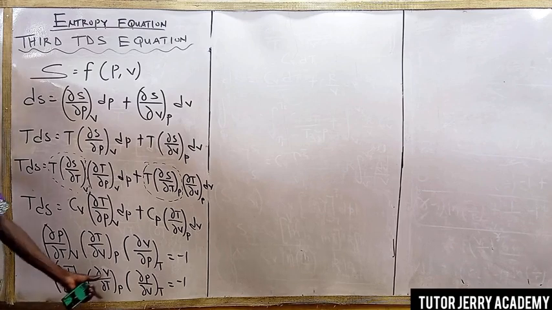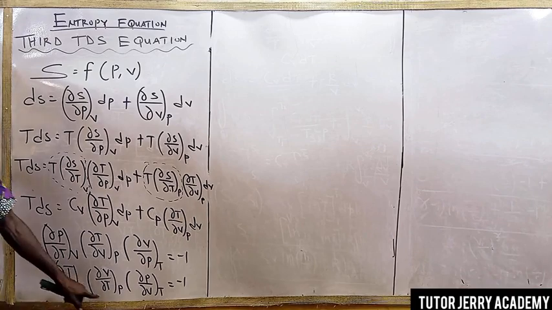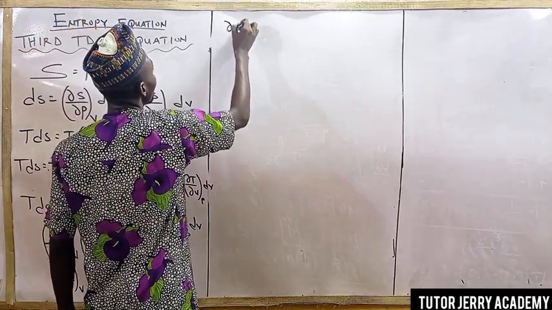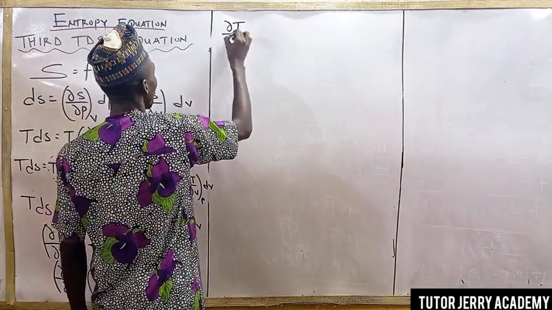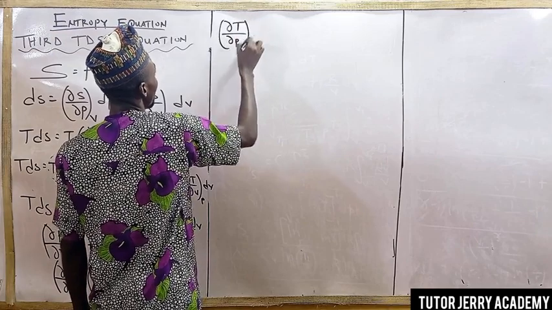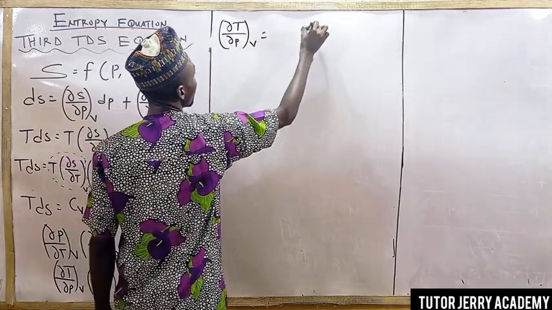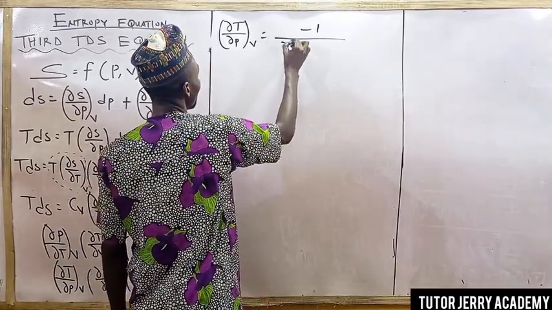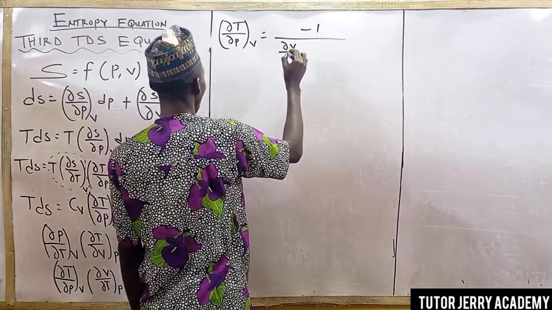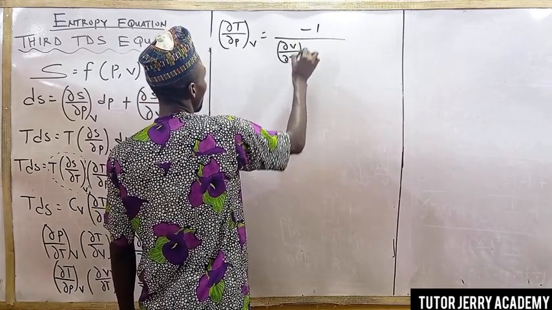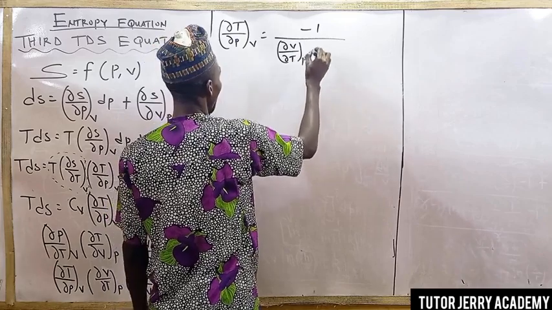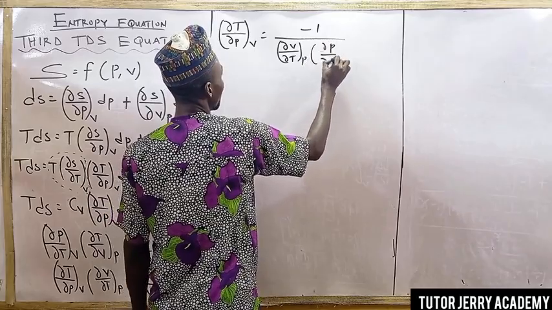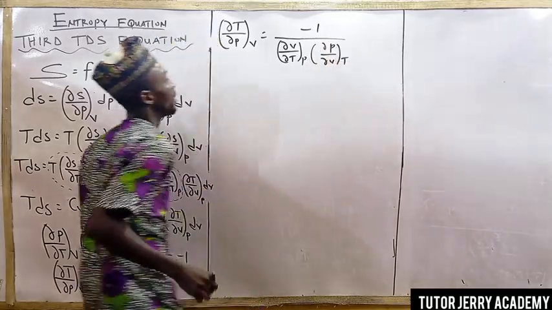We can decide to make this the subject now, since it is what we need. If I divide both sides by this and this, I'm going to have the partial derivative of T over the partial derivative of p, keeping v constant, equal to minus 1 over the partial derivative of v over the partial derivative of T, keeping p constant, times the partial derivative of p over the partial derivative of v, keeping T constant.